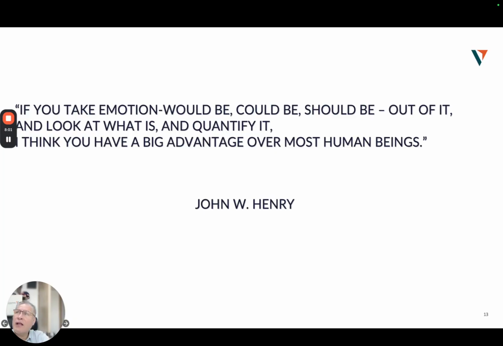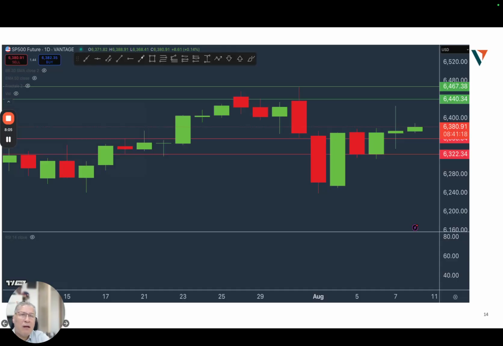Okay, so let's take a look, starting with a basic chart of the S&P, a daily chart of the S&P. We can simply eyeball this chart and see that from early on, the market had done an uptrend, created a high, and then pulled back, made a low, and then continued its trajectory higher.